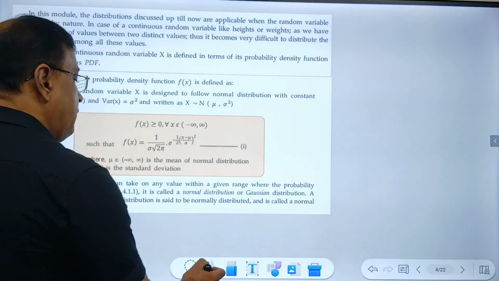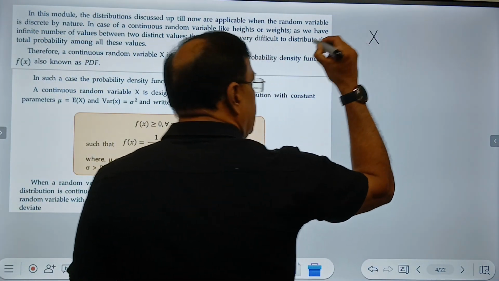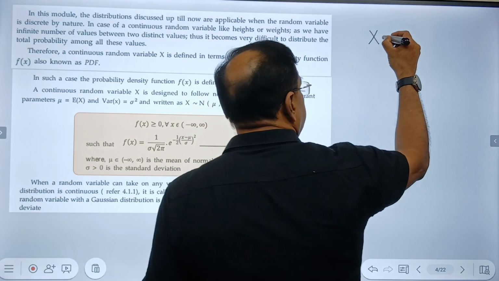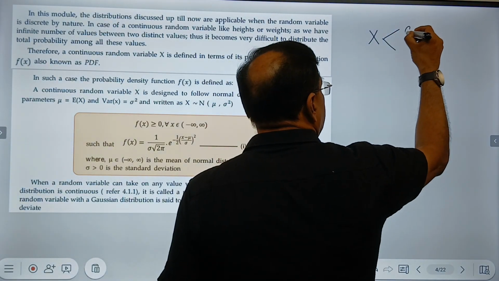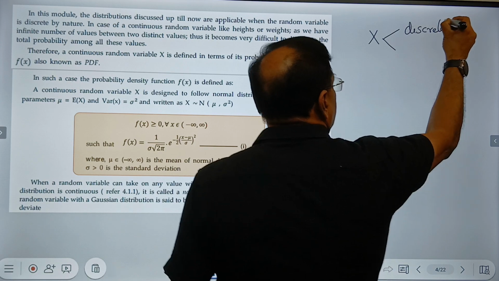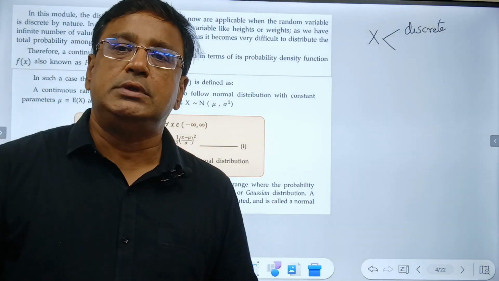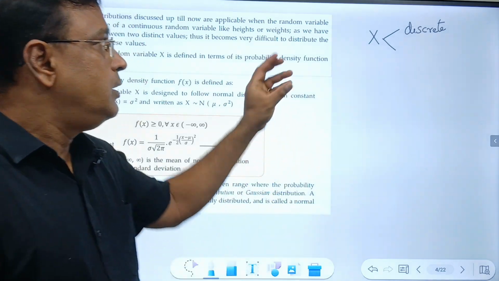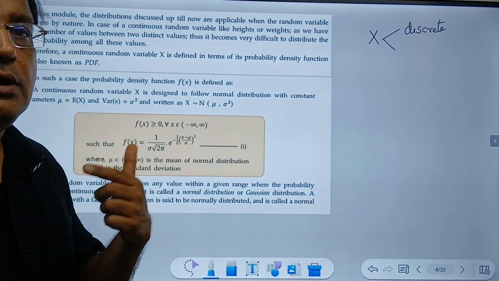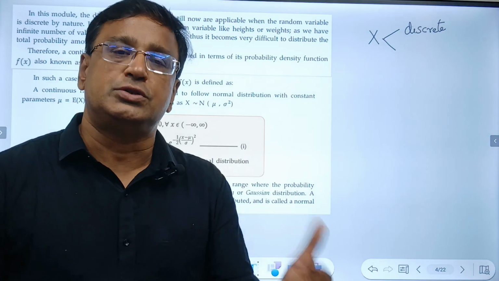Now, here we have a random variable x. It can be continuous or it can be discrete. If the random variable is discrete and with certain conditions, the distribution is called binomial distribution or Poisson distribution.